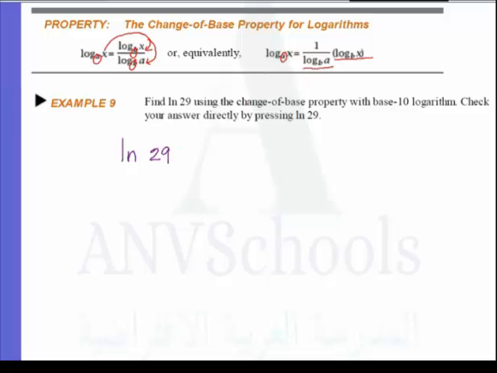Remember that our natural logarithm could be expressed with the base e, right? So therefore, our ln of 29 will be having the common logarithm expression log of 29 over log of e.